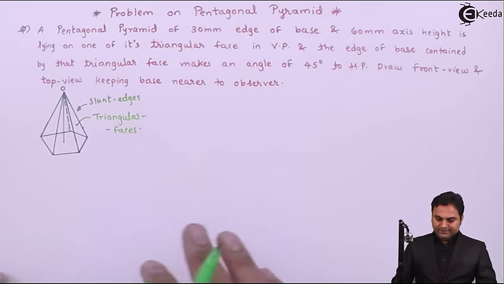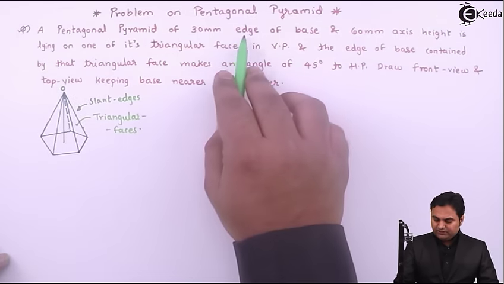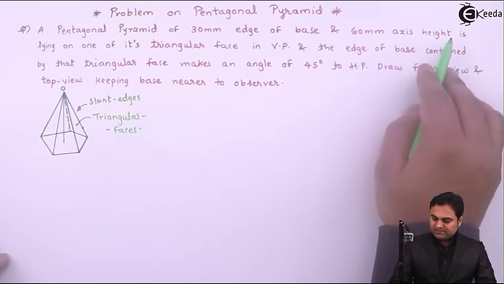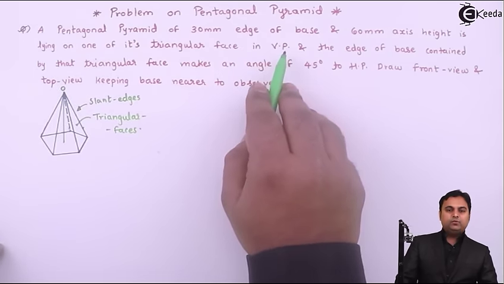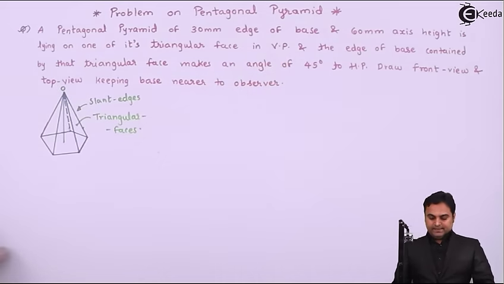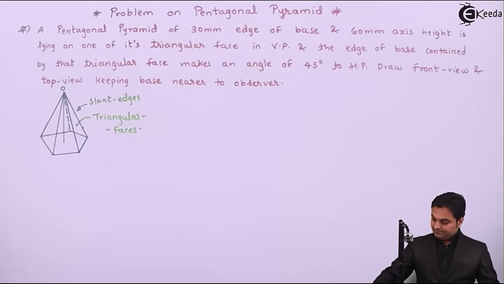Now, I'll read the question and explain the initial condition. A pentagonal pyramid of 30 mm edge of base and 60 mm axis height is lying on one of its triangular face in VP. It means there are 2 ways in which the pentagon can be drawn.